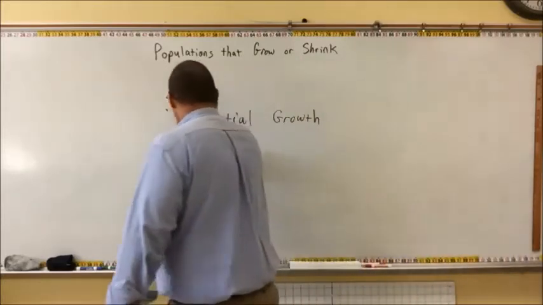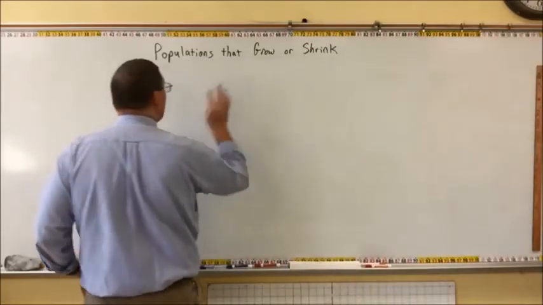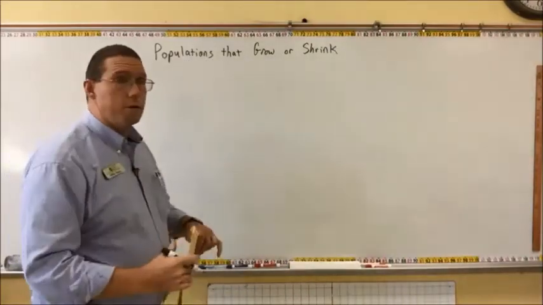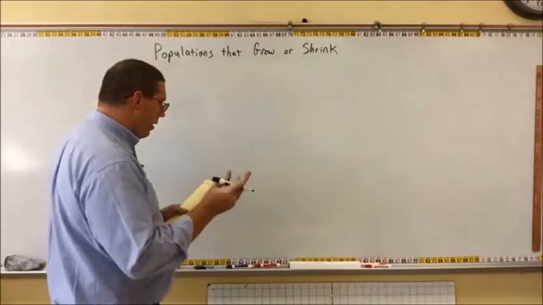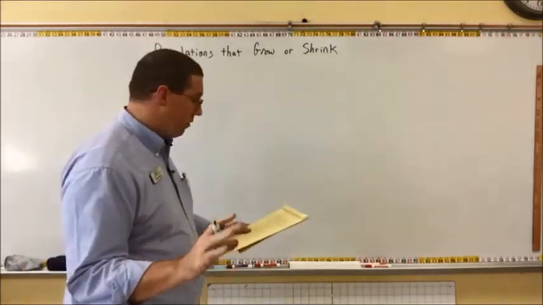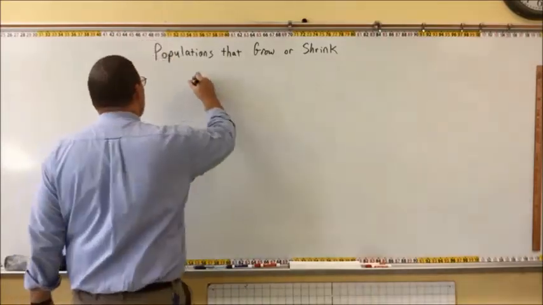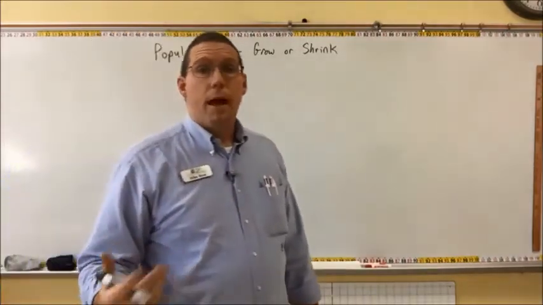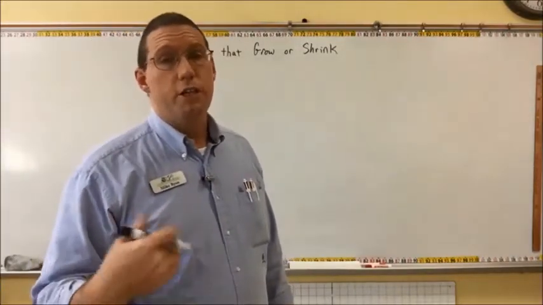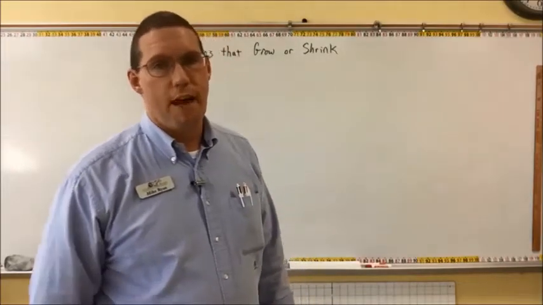Okay? So in order for you to understand populations that grow or shrink over time, in order to understand the formulas for exponential growth or exponential decay, there's a few variables I need you to understand. There's basically 5 letters that I need you to be aware of. The first one is P. Now, it doesn't have to be P. I've seen other letters used here. Traditionally, I have always used P, and in the fields that I have worked in, P is the value that's used.